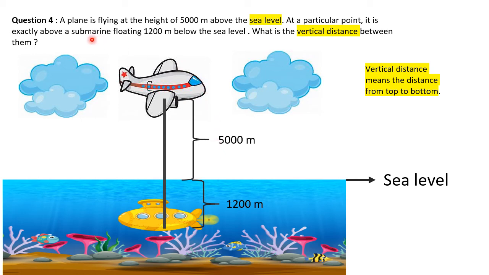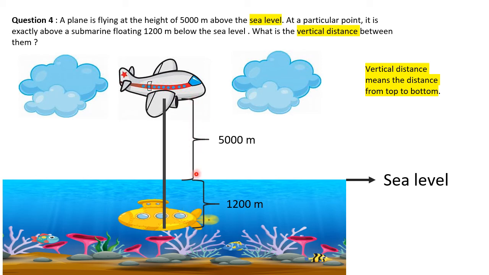Now, in the second part of the question, it is given that the submarine is floating 1,200 meter below the sea level, right? So below the sea level means from the sea level we measure it below, and it is 1,200 meter, and this is the submarine, right?